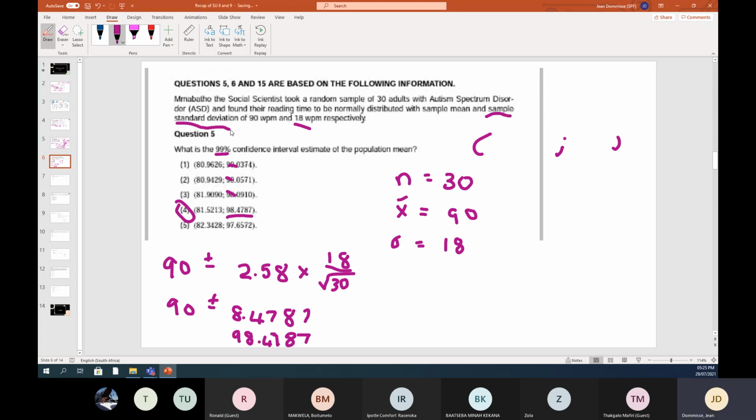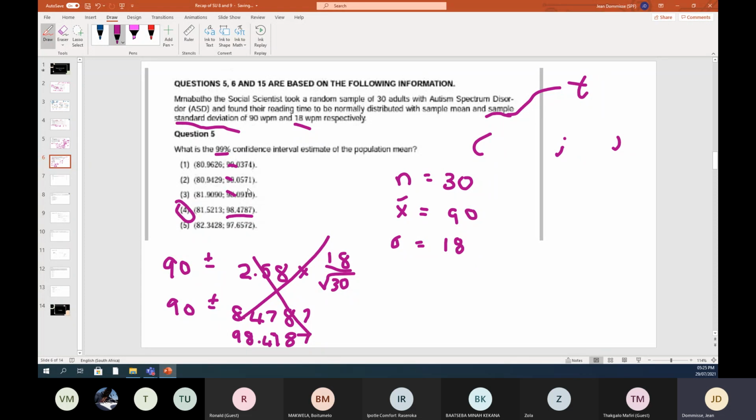it's a sample standard deviation. Sample means that we need to work with a t. So this is actually wrong. And I thought everything was correct, and there was an option for me to pick as well.